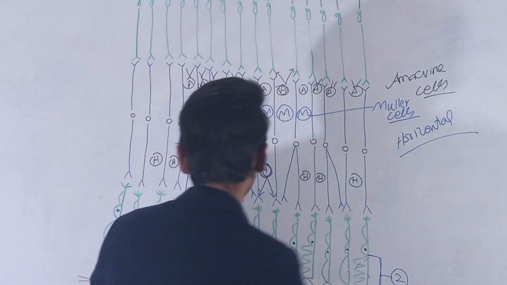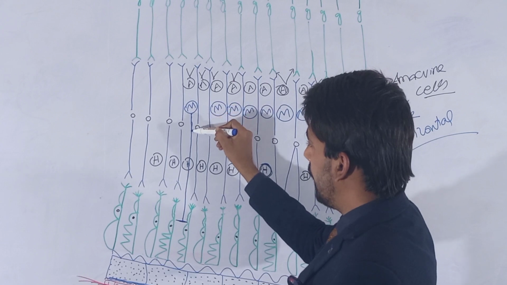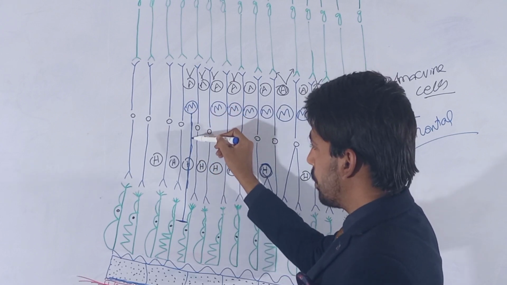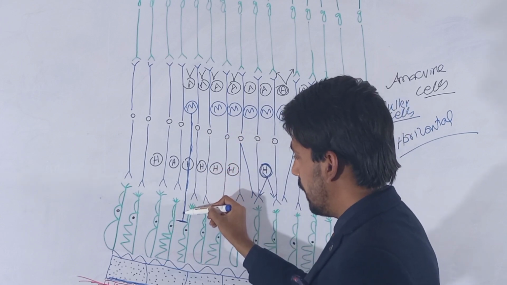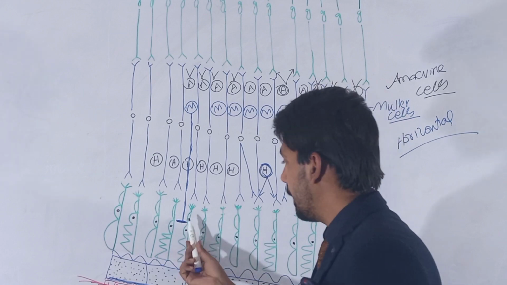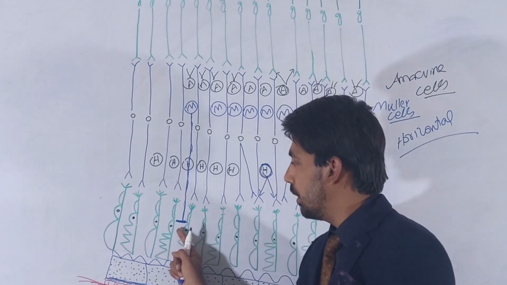As you can see, these Muller cells will travel from here and cross through these cells and reach the photoreceptor cells here, near the nucleus of the photoreceptor cells, right?